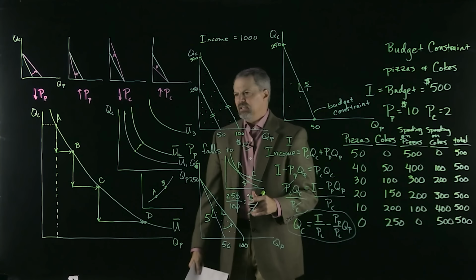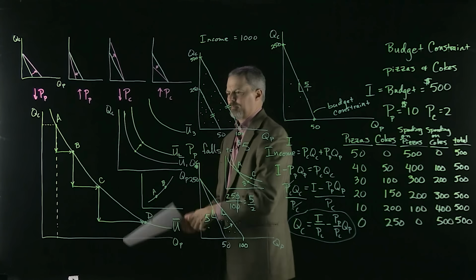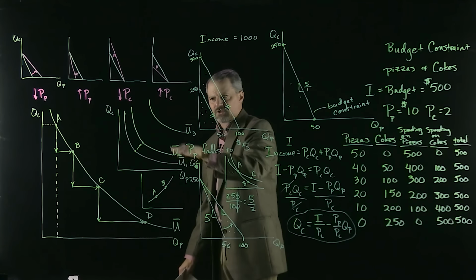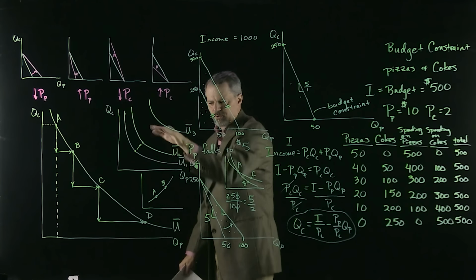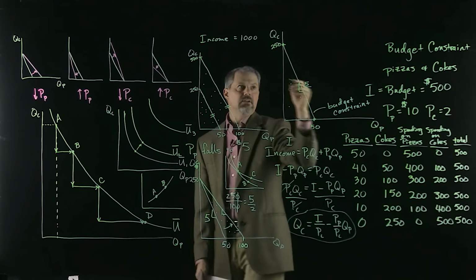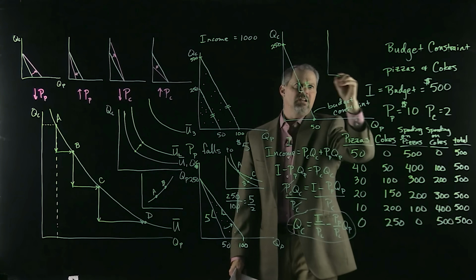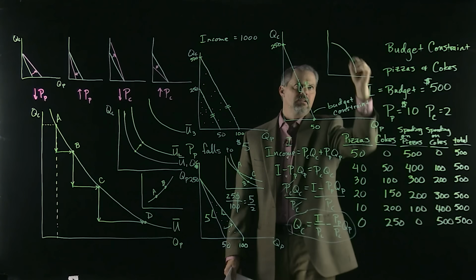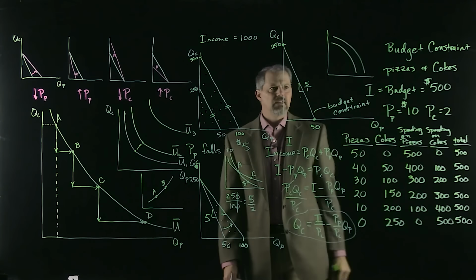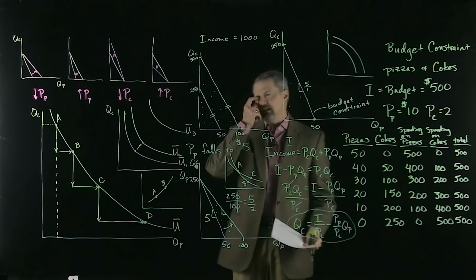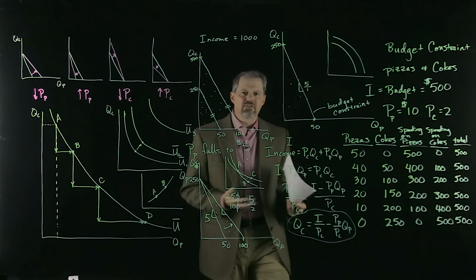And then indifference curves are always curved in this direction. They're never curved in the other direction. They're never curved like this. That would not obey the way that consumers behave.